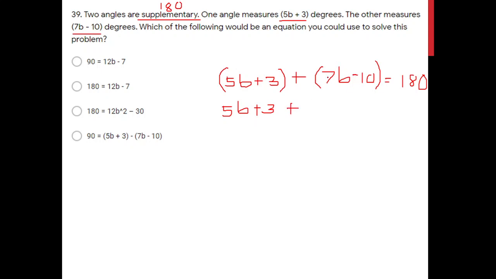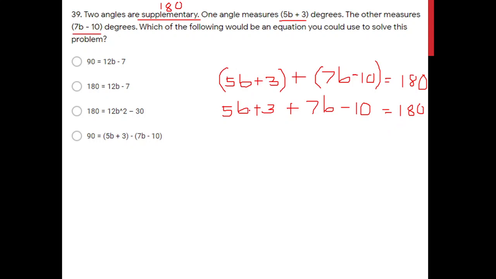It's different from subtraction wherein you need to change the sign of all your terms. But since this is addition, you'll just copy it here, bring it down here, equals 180. And then all we need to do is combine like terms.